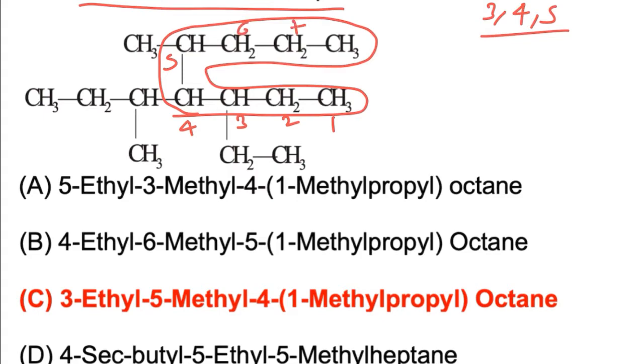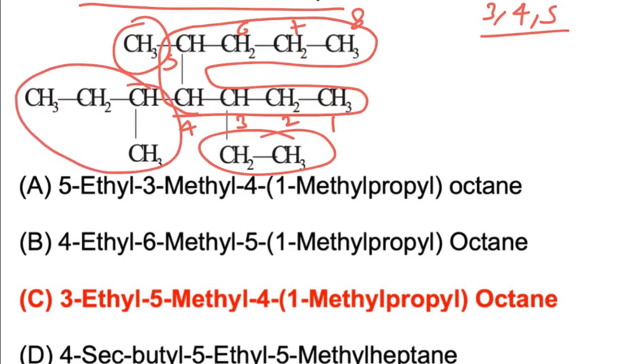At the third position an ethyl group is present, at the fifth position a methyl group is present, and at the fourth position this complex radical is present. Now we have to write the name of the complex radical. One thing to keep in mind is that during naming of a complex radical, the first carbon is given to the carbon which has the free valency, by which it is directly attached to the main chain. So this is the first carbon, then the second and third carbon.